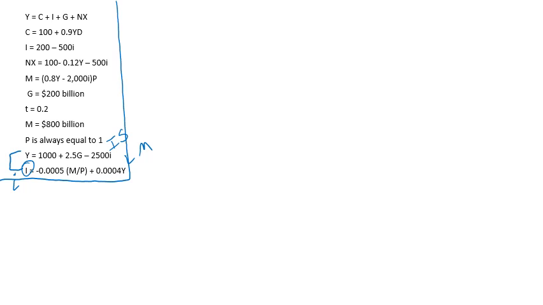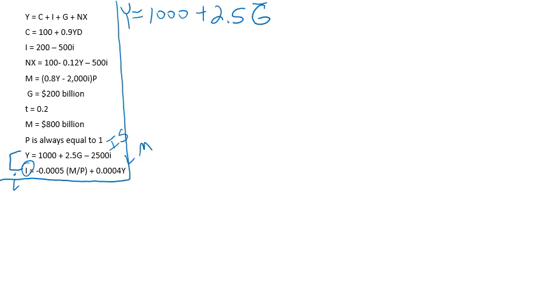Okay, so hopefully I'll have room here. So Y is equal to, I'm going to use this first equation, the IS equation, 1,000 plus 2.5 G, autonomous. Again, keep in mind that 2.5 is the simple fiscal policy multiplier.